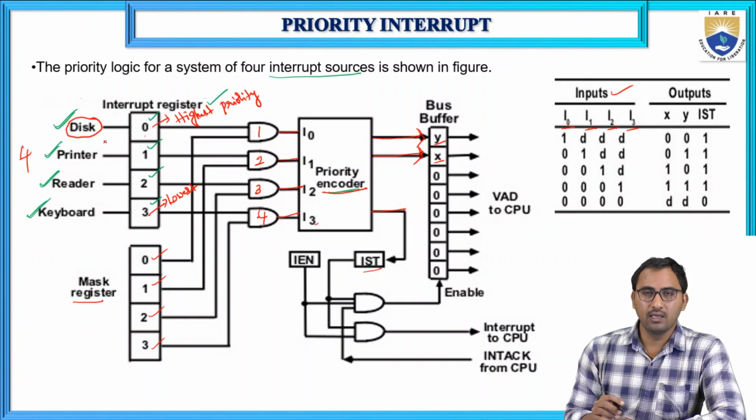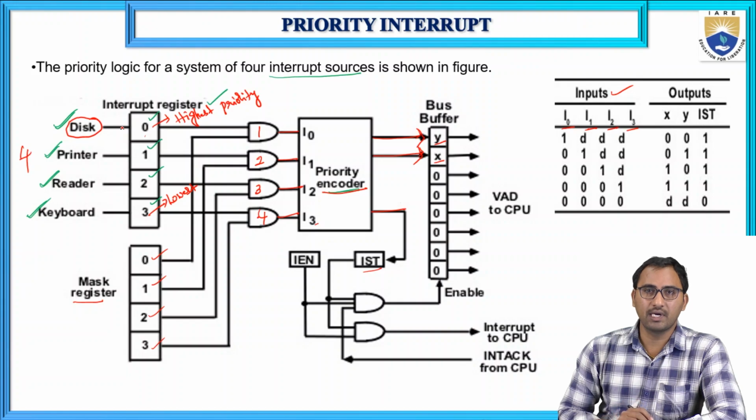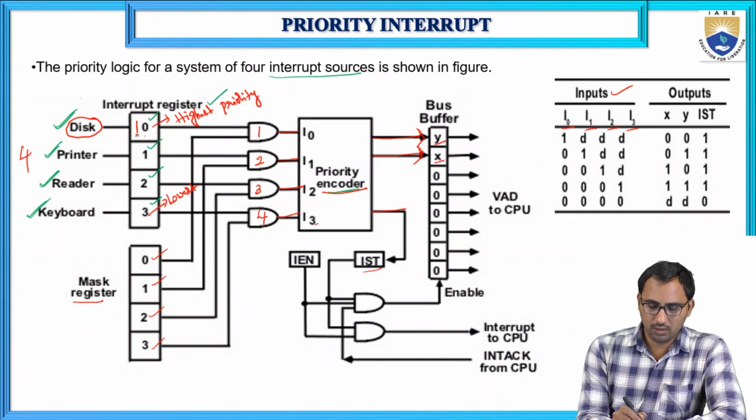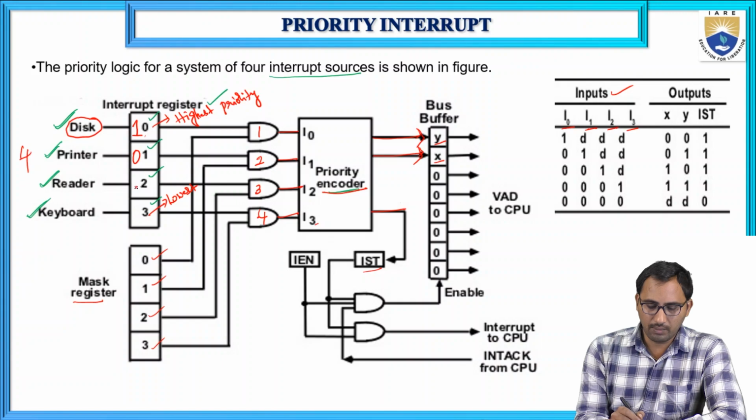Whenever the corresponding device raises a request, logic 1 will be stored in the interrupt register. In this scenario, the disk generated the interrupt request, so 1 will be stored in the interrupt register, and the remaining devices have not generated an interrupt request, so the remaining registers will store 0.